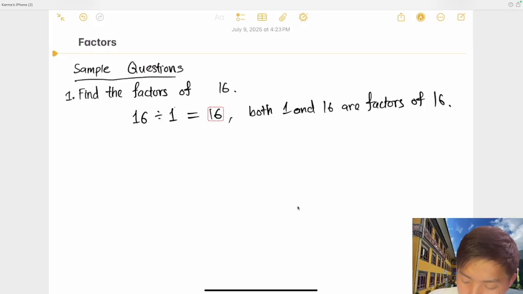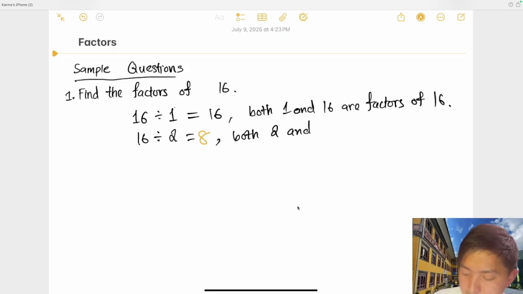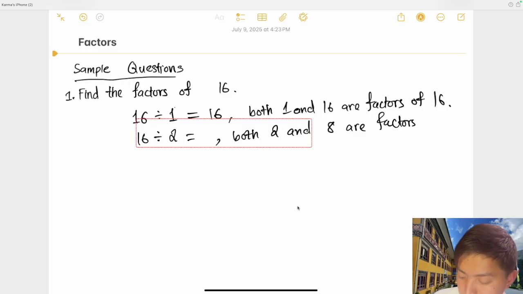Okay, the next number after 1 would be 2. So 16 divided by 2 is 8, and both 2 and 8 are factors of 16.